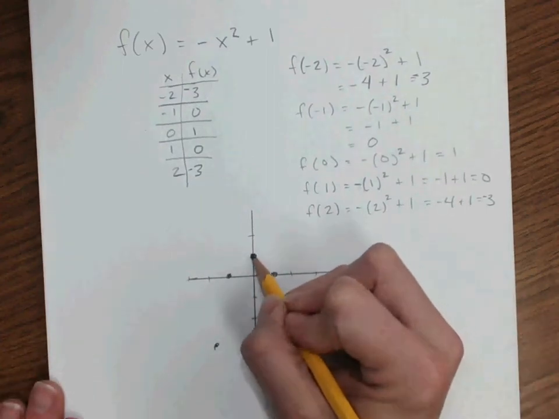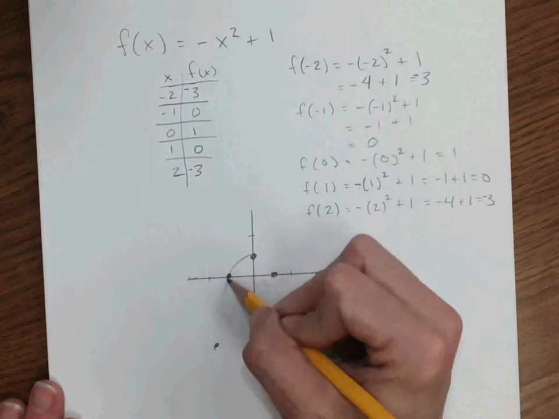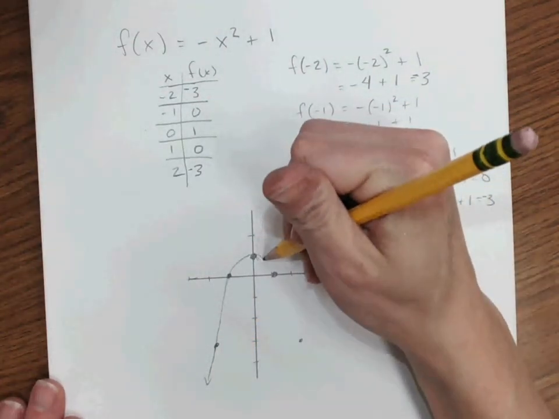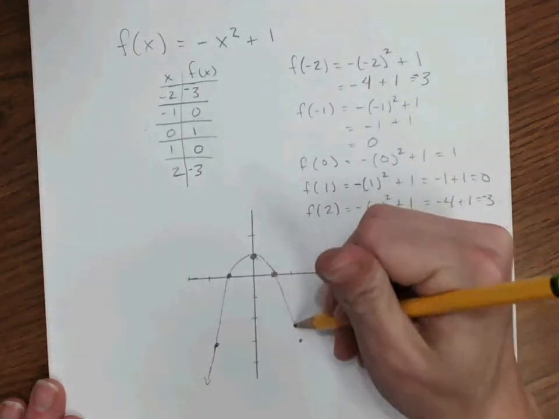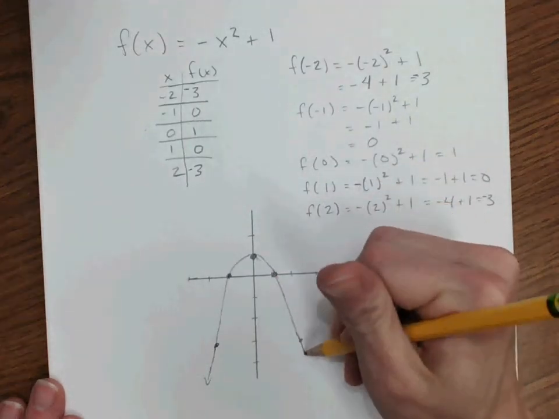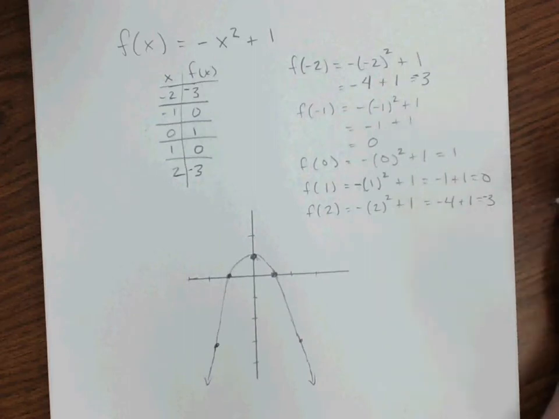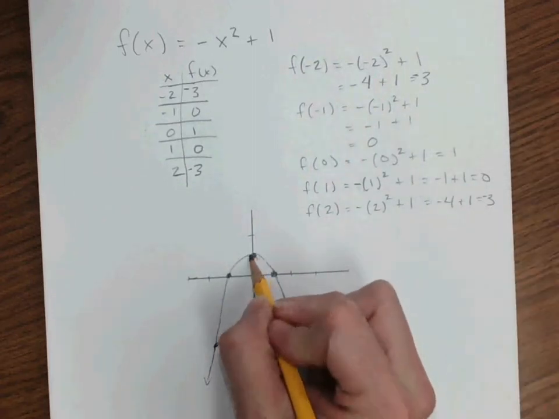Now this parabola looks different because it's going down. When we're looking at parabolas, there are several features that we're going to be looking for. When we are dealing with functions like this, we always want to try and work smart, not hard, and graphing a parabola by making a table is definitely tedious.